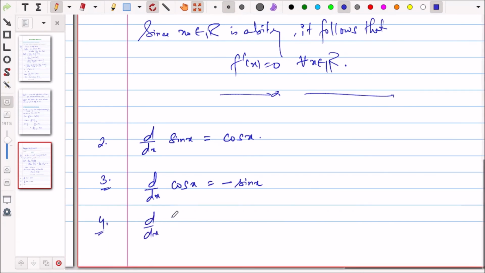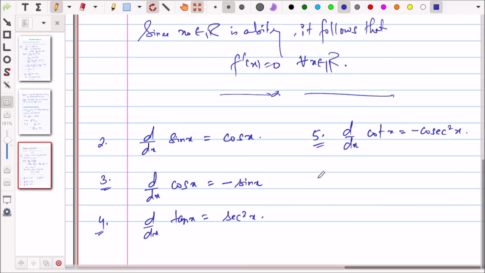Then d by dx of tan x is sec square x. And d by dx of cot x is minus cosec square x.